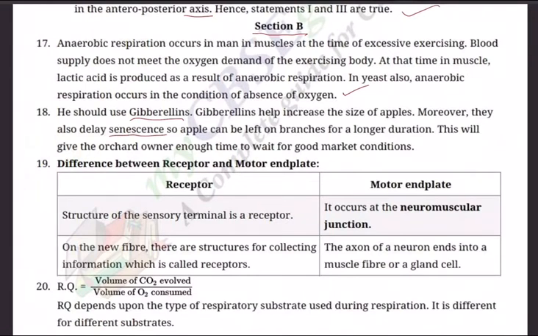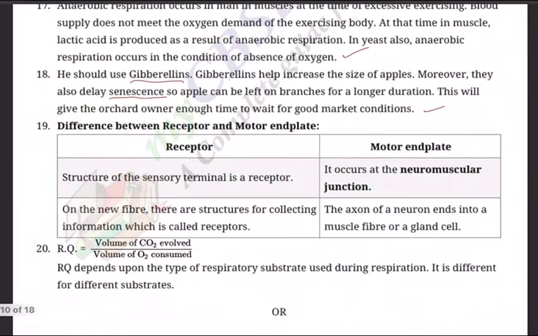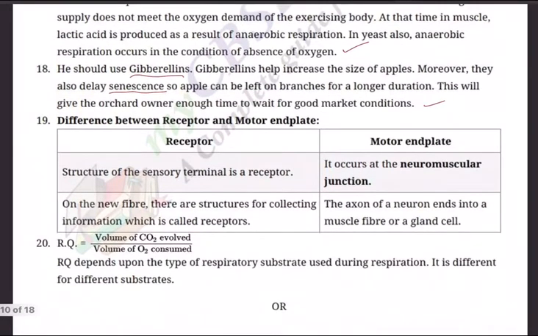Gibberellins help in increasing the size of the apples. Moreover, they also delay senescence. So, apples can be left on branches for a longer duration. This will give the orchard owner enough time to wait for good market conditions. So, all the children of farmers, please note down. You can use PGRs for your crop also.